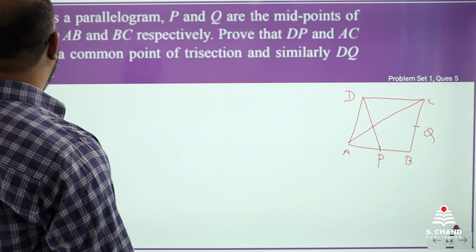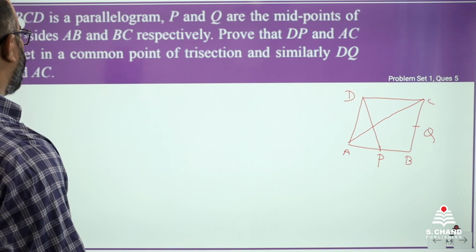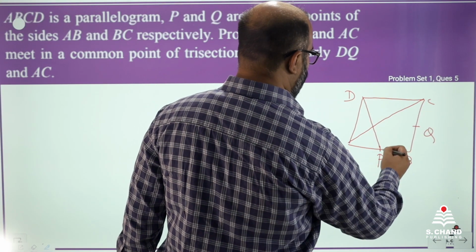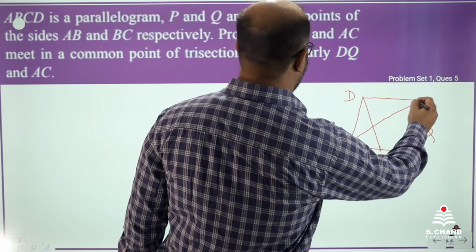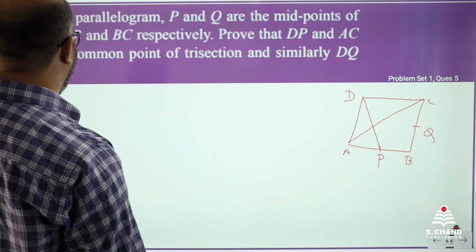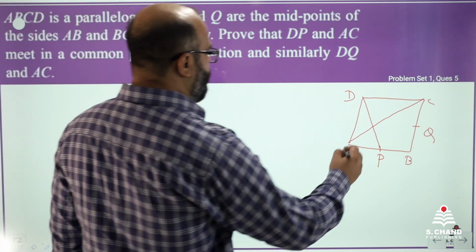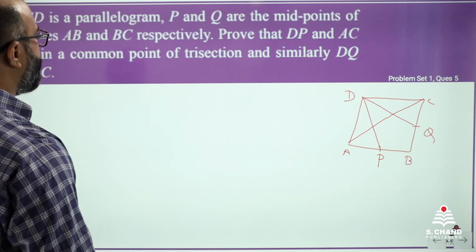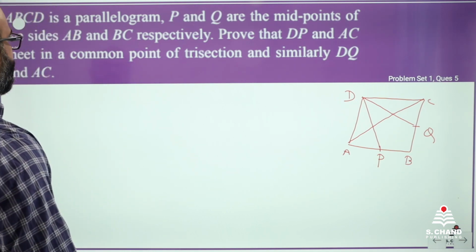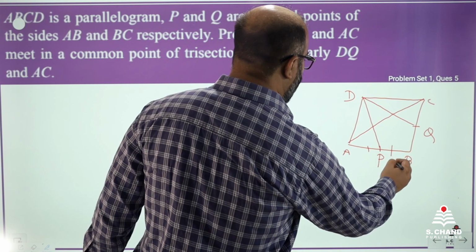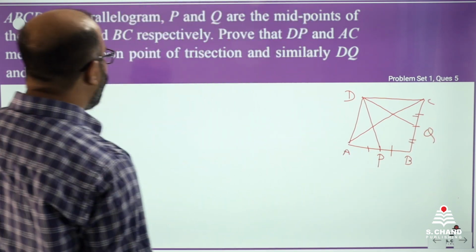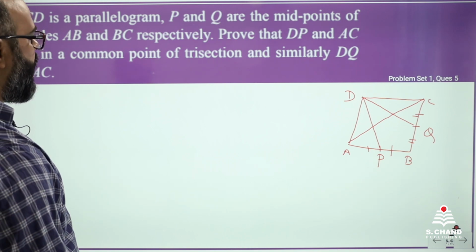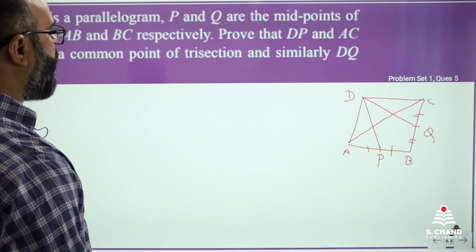Similarly, DQ is this one and AC is this one, so a similar result holds for DQ also. It is clear that these are the midpoints, so this is equal to this and this is equal to this.